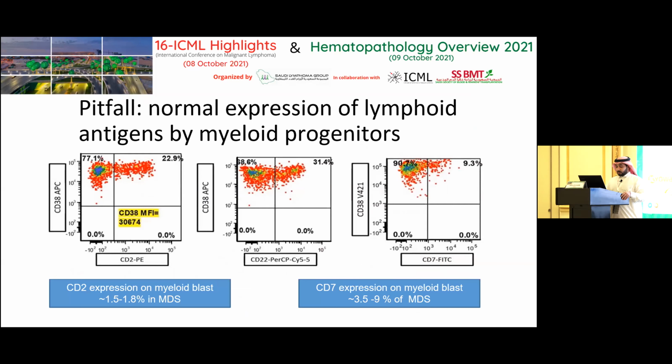Regarding the reporting of MRD in acute myeloid leukemia, there is a consensus document from the European LeukemiaNet working group. They recommended that if there is immunophenotypic detection of MRD with the true leukemia-associated immunophenotype but it is less than 0.1%, you have to look at the background and prognosis.